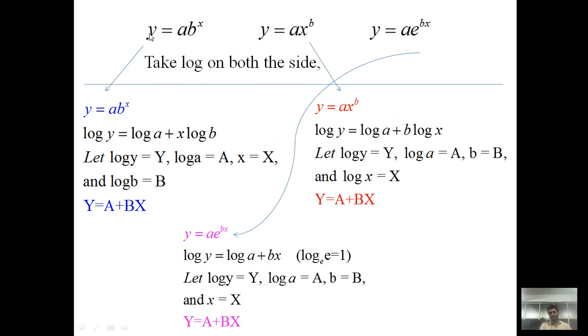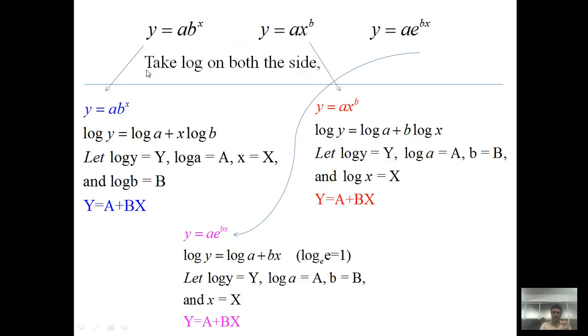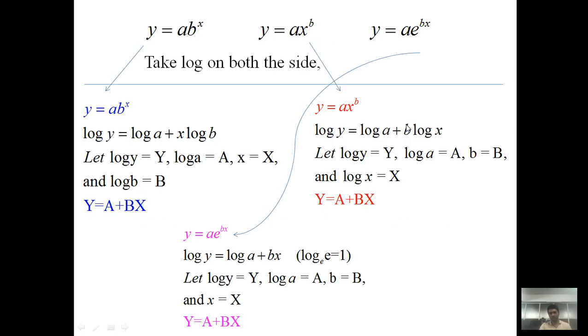It doesn't matter which type of exponential form exists; to convert any of these three forms into a linear form, our basic step is to apply logarithm on both sides. That's why it is also known as fitting of logarithmic curve.